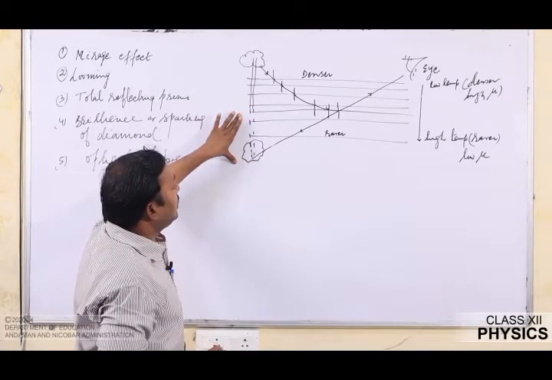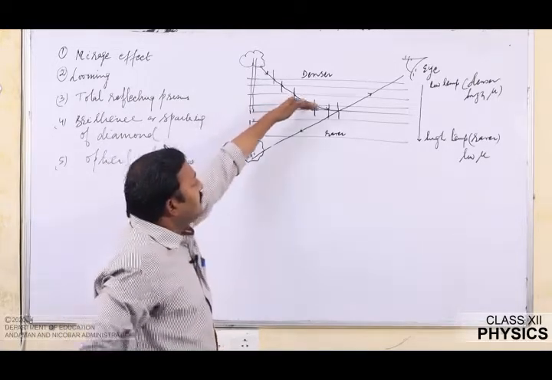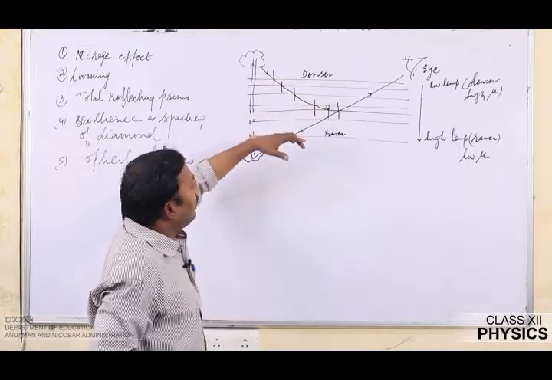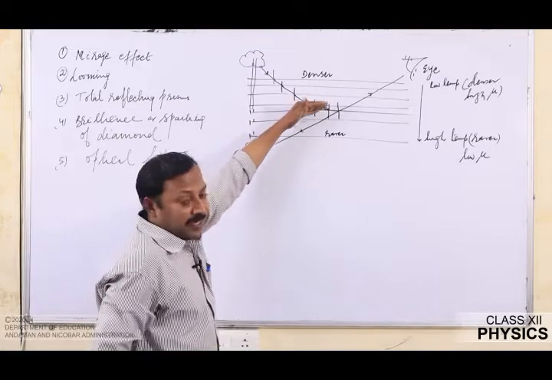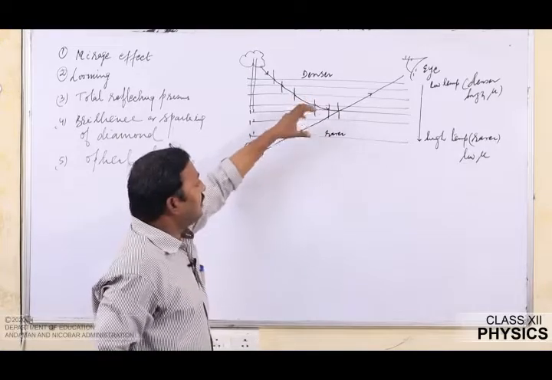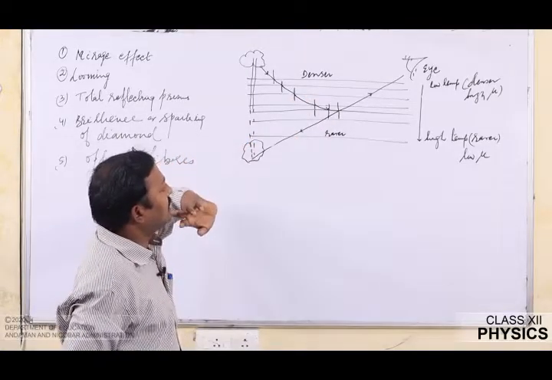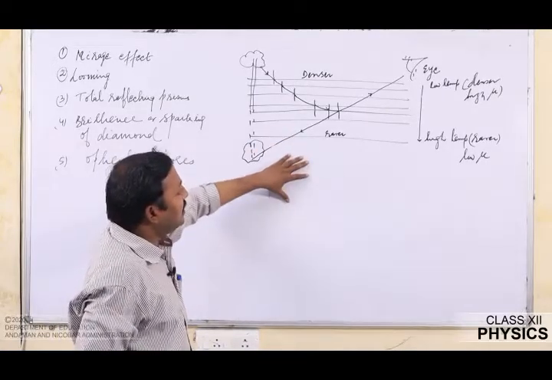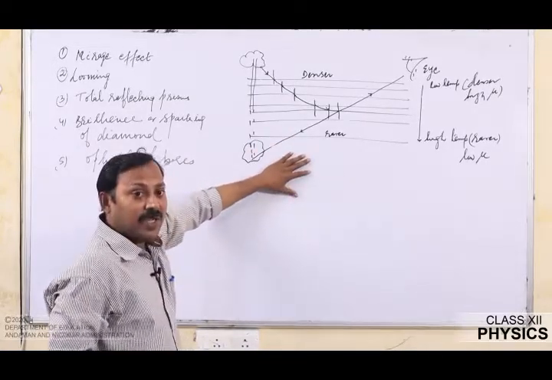The condition here is that the angle of incidence must satisfy the condition of total internal reflection, that is, the angle of incidence must be greater than the critical angle. Under that condition only, total internal reflection can be seen. The mirage effect is normally seen in sandy regions where the temperature is very high.